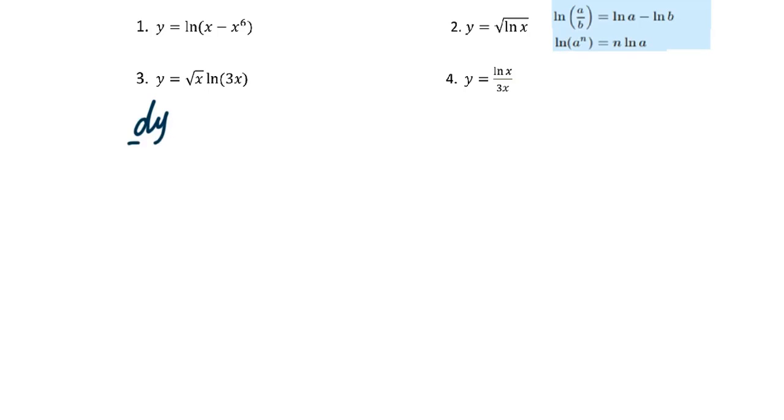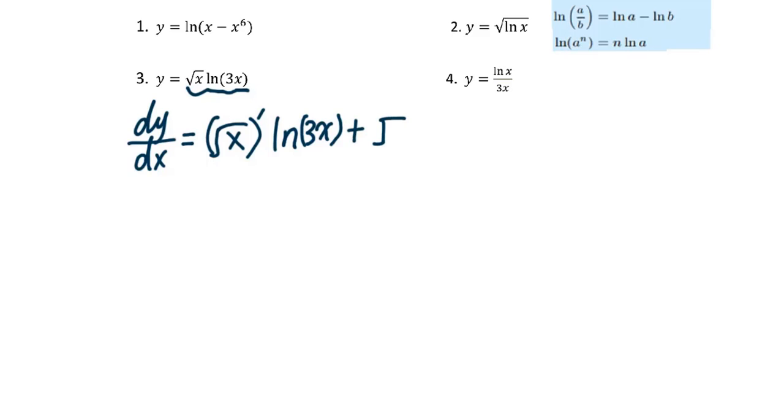Now let's go to number 3. So dy by dx equals. You have to use the product rule to do this. So we have square root of x, we do derivative, then natural log of 3x stay. Then plus square root of x stay, you got to do natural log of 3x, you do derivative.